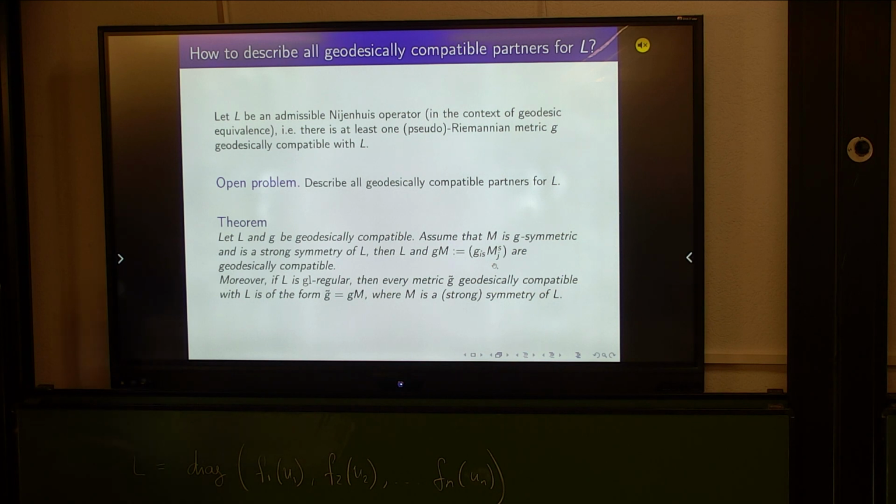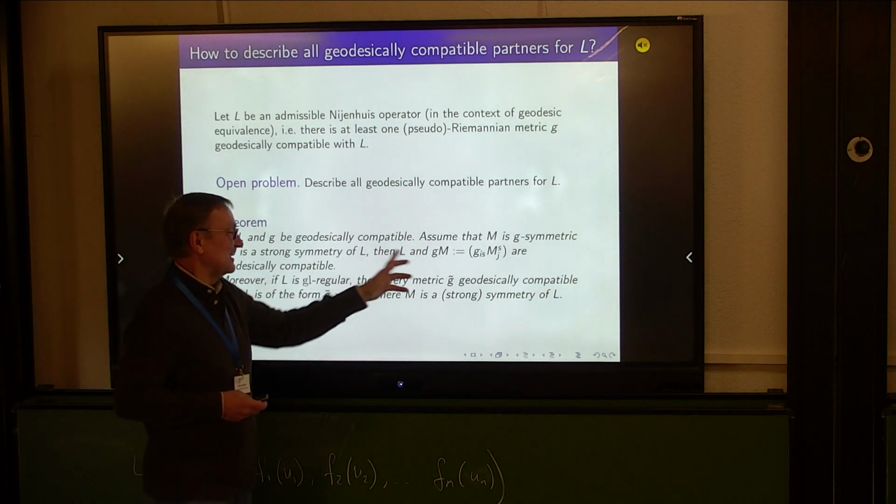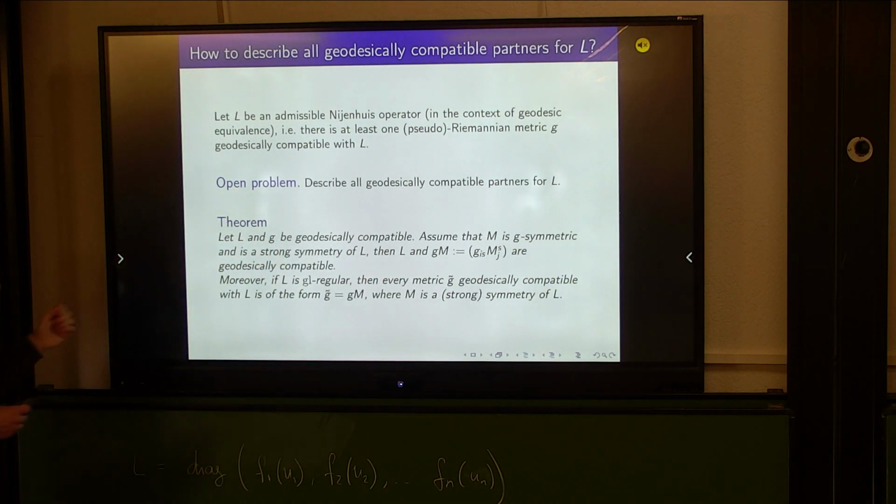The statement is that this metric is still geodesically compatible with L. It's not surprising because M is closely related to L.